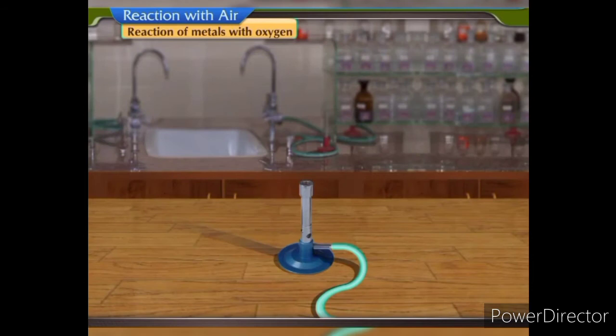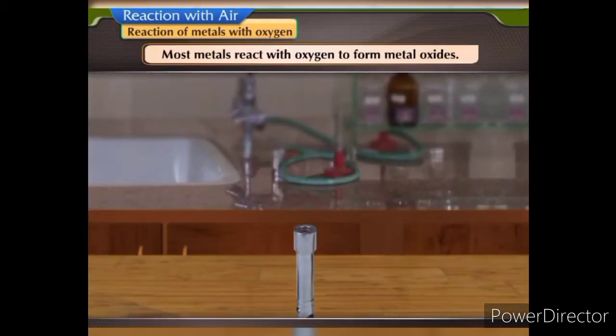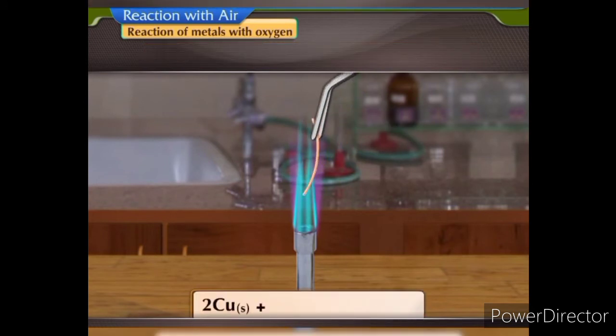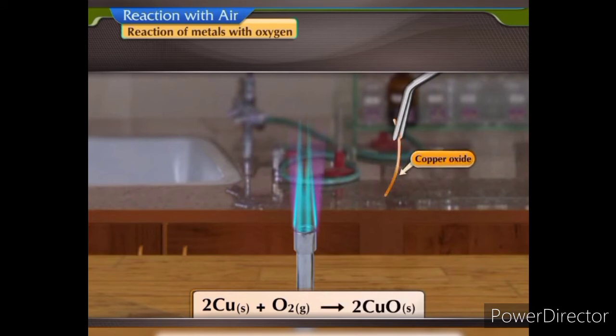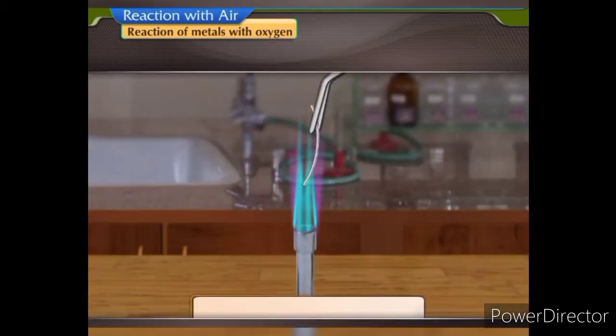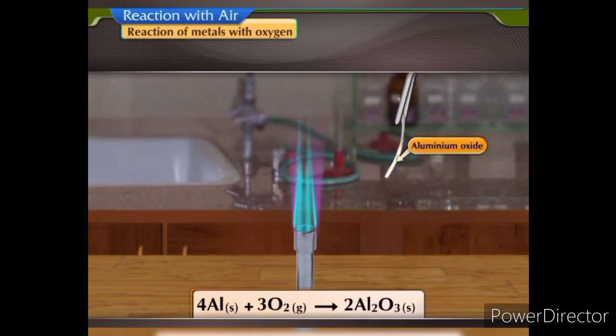Reaction of metals with oxygen. We have seen that most metals react with oxygen to form metal oxides. Copper, on heating for a long time in air, forms a black layer of copper oxide. Copper is the least reactive of all these metals. Aluminium reacts with oxygen in air to form a thin layer of aluminium oxide.